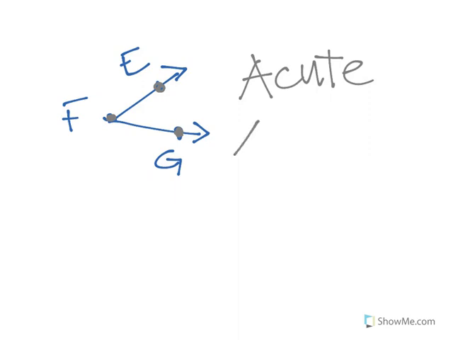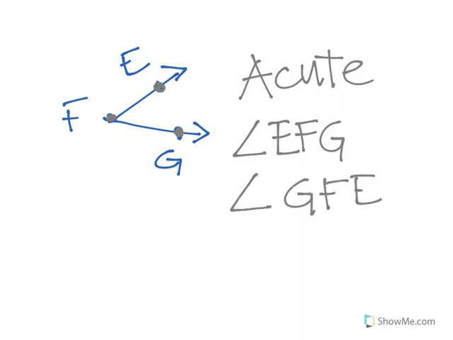And then I'm going to tell you the name. It is angle EFG, or angle GFE. I could not write this as angle GEF because we wouldn't have that middle point being in the middle. Notice they're the same.